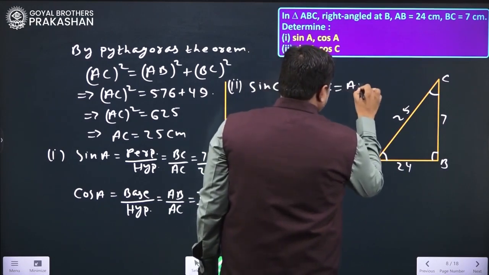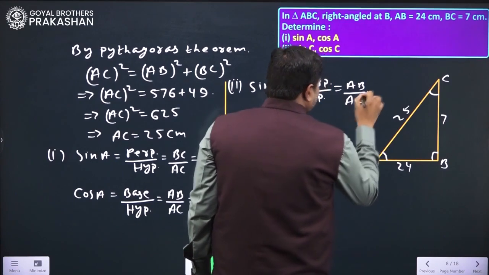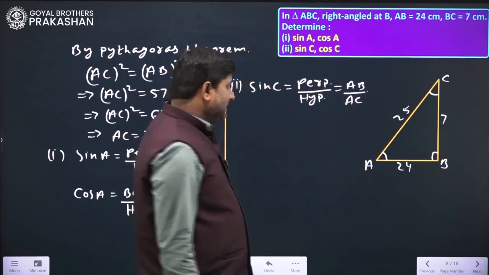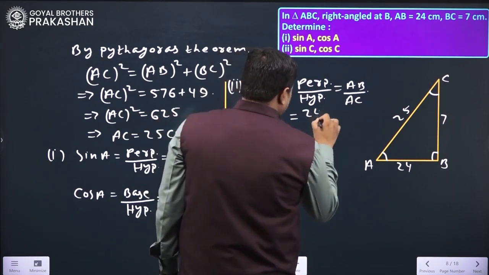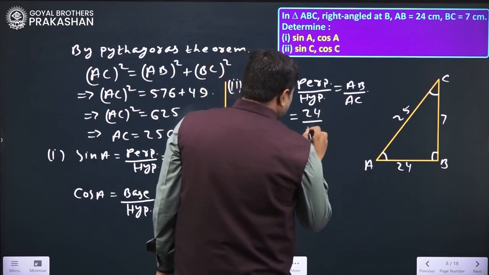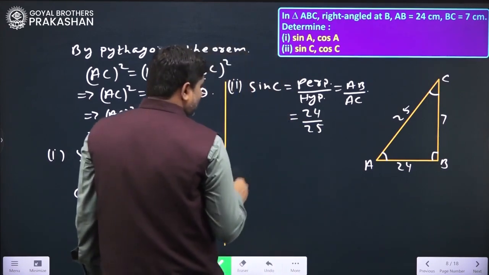So it will be AB upon hypotenuse. Hypotenuse is AC. For this figure hypotenuse is always AC. Now value of AB is 24 and value of AC is 25. So this is value of sin C.